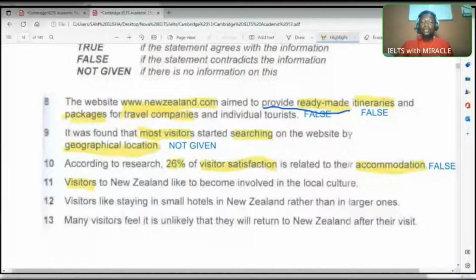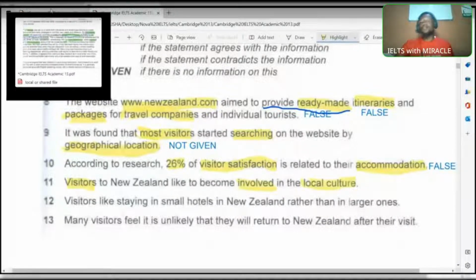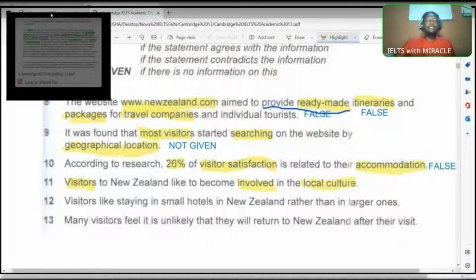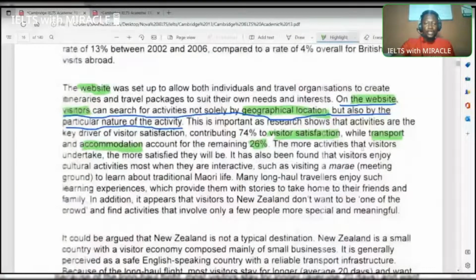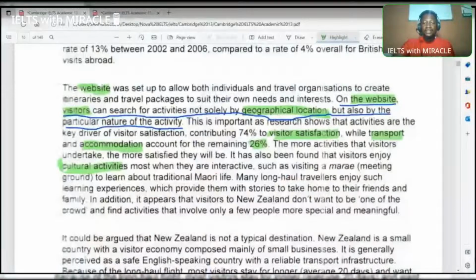Keywords, right? In fact, if you scan for local culture, of course, it will take you to cultural activities. Cultural activities here. And in fact, you would even see traditional Maori life.